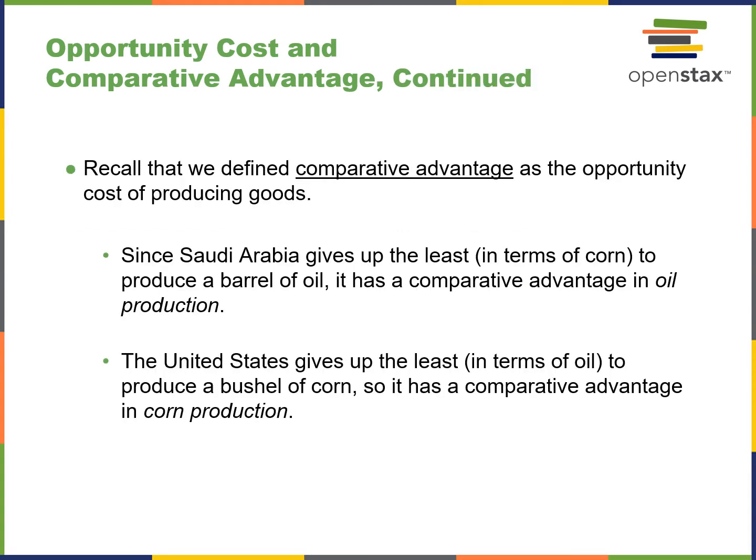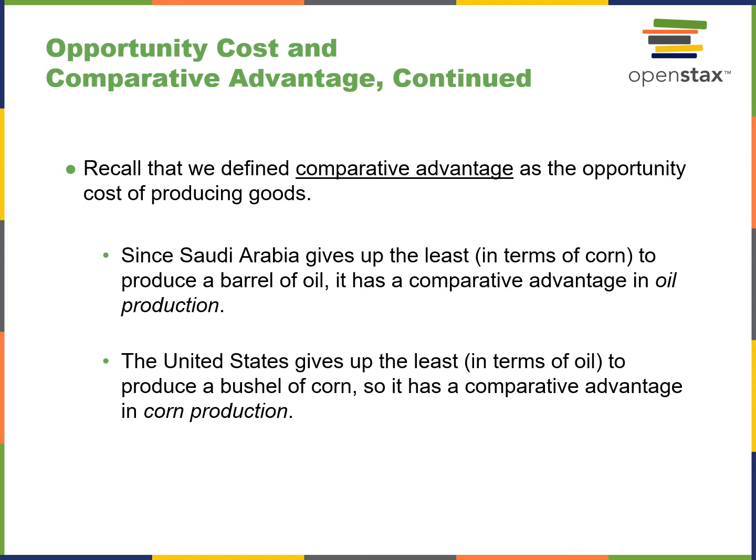We recall the comparative advantage is the opportunity cost of producing goods, and so Saudi Arabia, at least in terms of corn, has comparative advantage in oil production. And really, when you think about it, it's a desert. I mean, it's a no-brainer. Yes, the oil is pretty much their sole product.